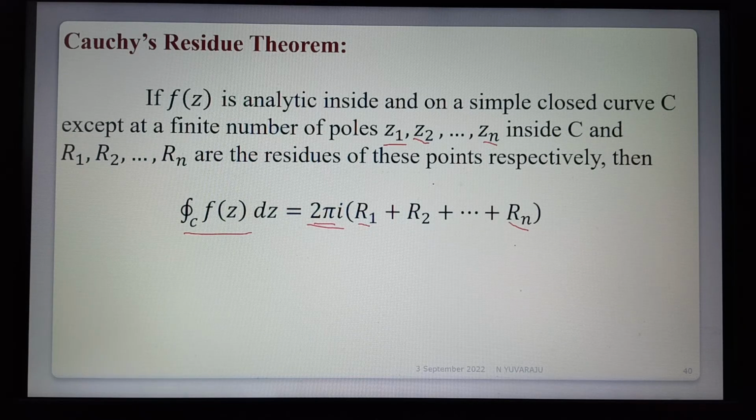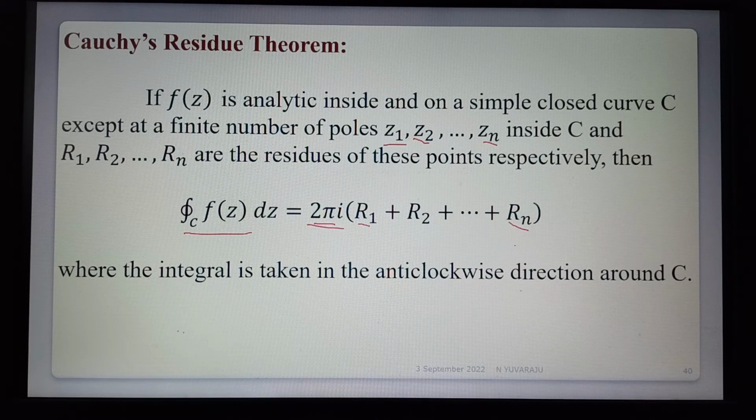Only inside the region you have to find the residues. There may be one point or two points or any number of points, depending on the given function. So this is Cauchy's residue theorem, where the integral is taken in the anti-clockwise direction around C, that is the positive direction. So this is the statement of Cauchy's residue theorem.